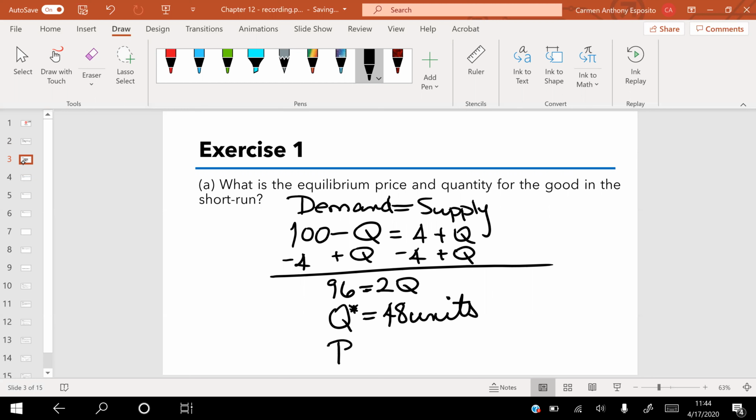And so the price, if you plug 48 into either the demand or supply, you'll get $52. So 48 plus 4 gives you 52.